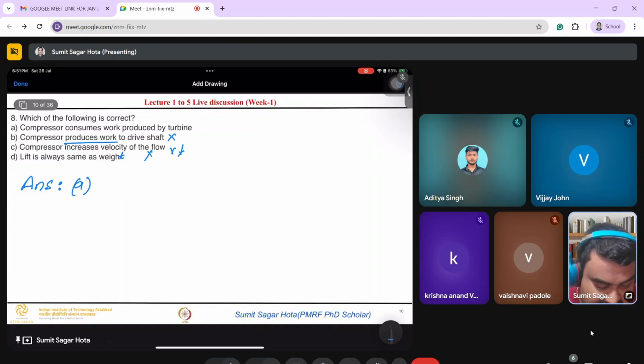So the lift of the aircraft is never equal to the weight of the aircraft. We need higher lift because of air friction and some other factors. So that's also a wrong statement.